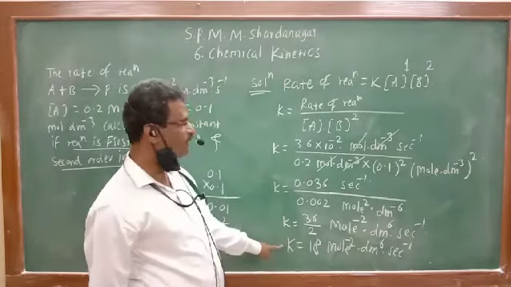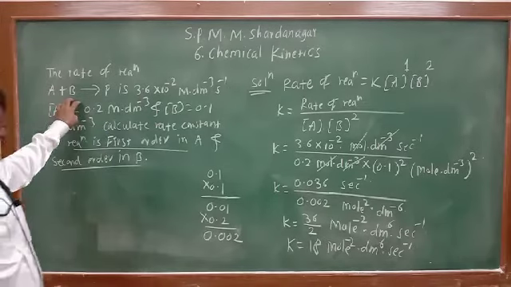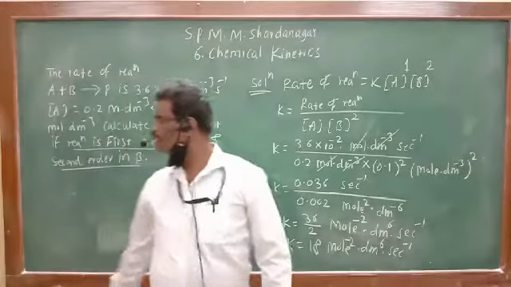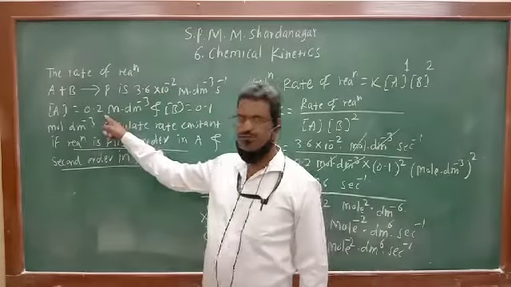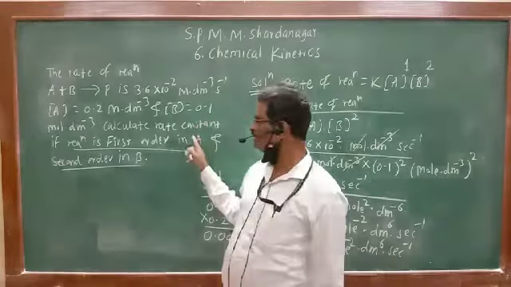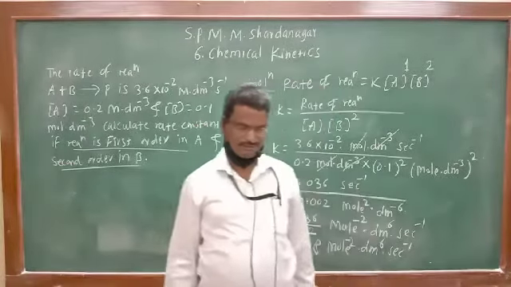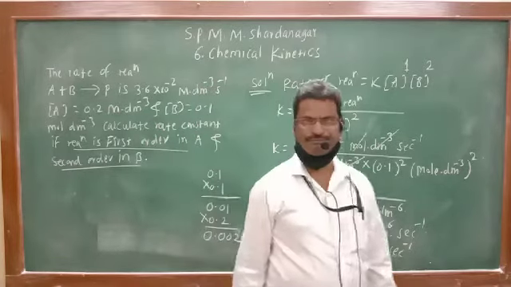This is the rate constant of this reaction, for which the rate of reaction is known, the concentration of A is known, and the concentration of B is known. We can calculate the rate constant. These are very simple problems.